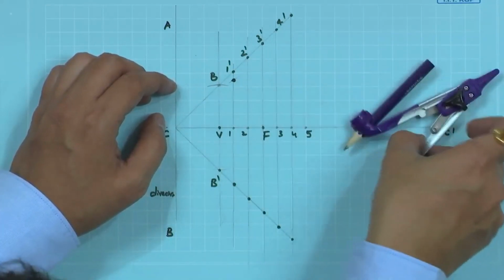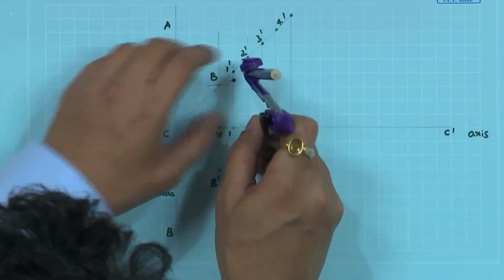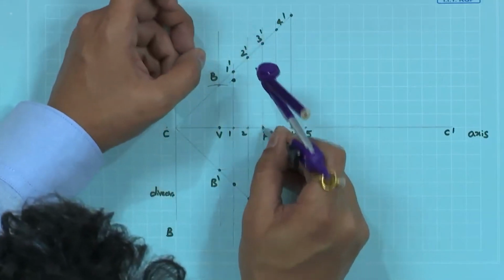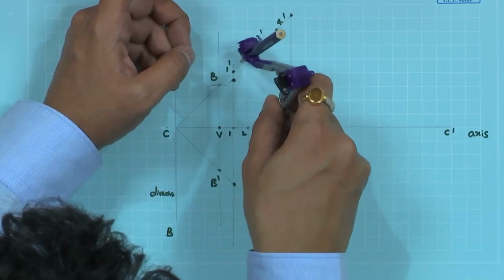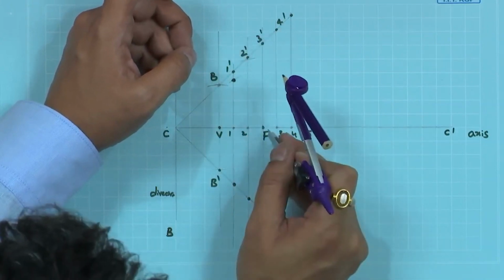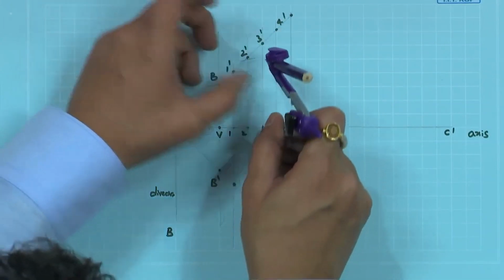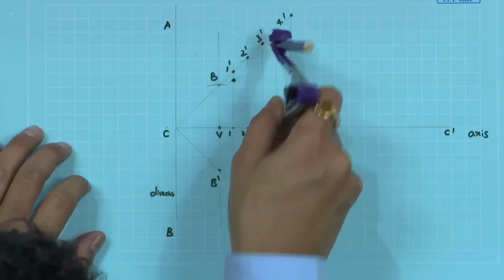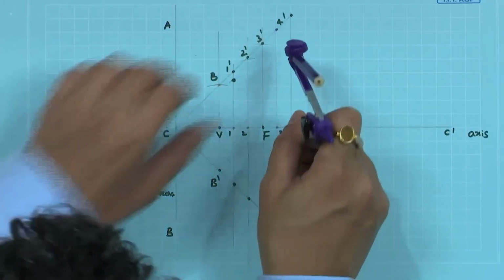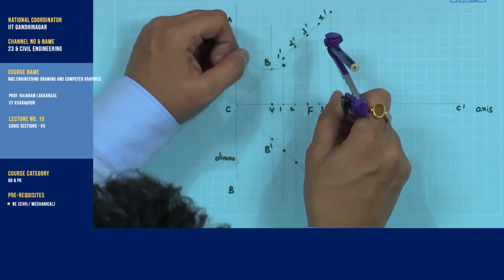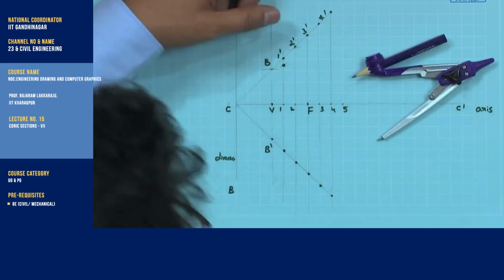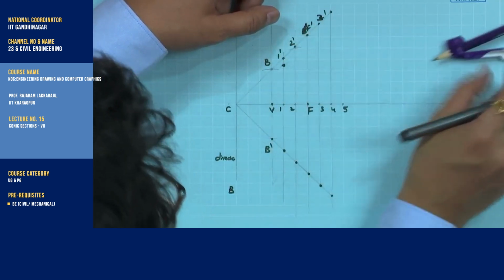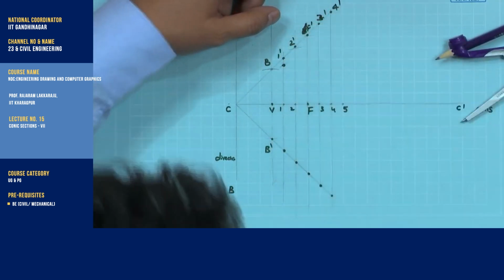Similarly, 2 to 2 dash, with focus as center, intersect it. The 3 dash is going to intersect here itself. Let us name this one F dash, this is 3 dash and this is 4 dash.